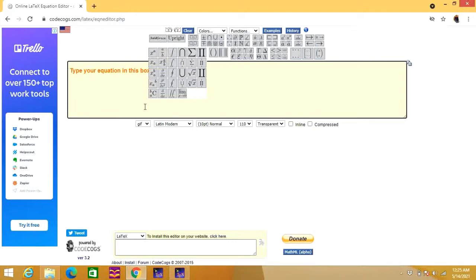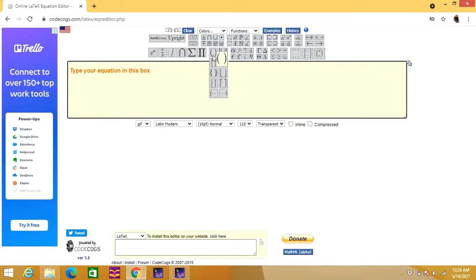First let us see these are the subscripts and superscripts that we are going to use in the equations. If you want to bold your equations or letters, you can use this, and if you want integral signs, you can use this tool.